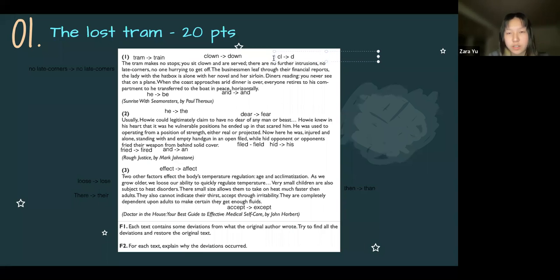So they might have seen CL as D, like you can see that here. And you can say the same for this, like RI becomes N. If you take out this I, they look similar. And then H and B look similar. I and N, if you took out this, you could kind of see that it could be an M. So that's basically how these errors came to be.